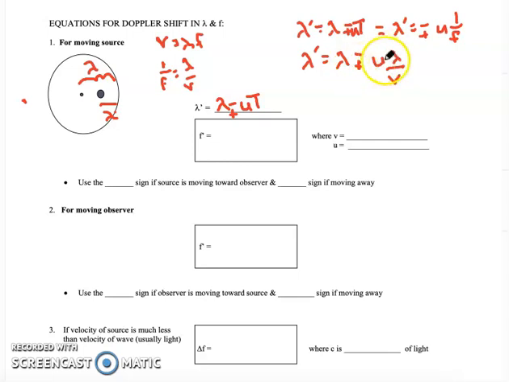And if I move all the lambdas to the other side, I get lambda prime minus lambda, so there's your shift, the difference in the two, divided by lambda equals u over v, the ratio of the two speeds. So that's really useful in some of the problems. Again, u is the speed of the object moving and v is the speed of the wave. So there is essentially your Doppler shift in terms of wavelength instead of frequency.